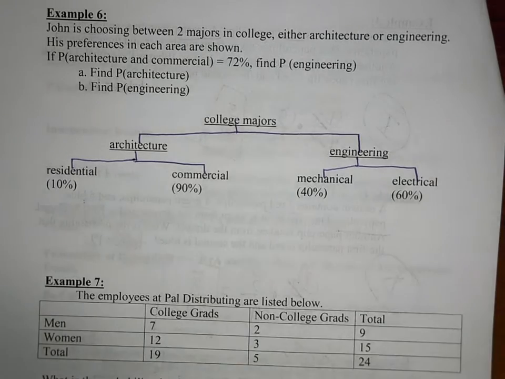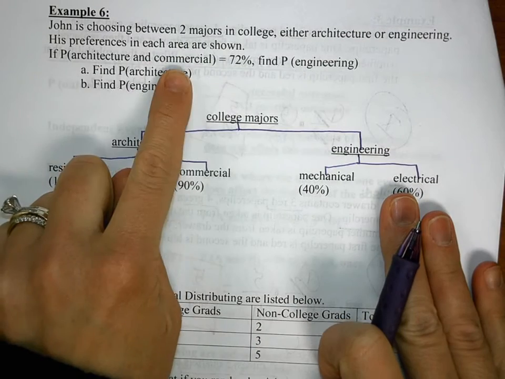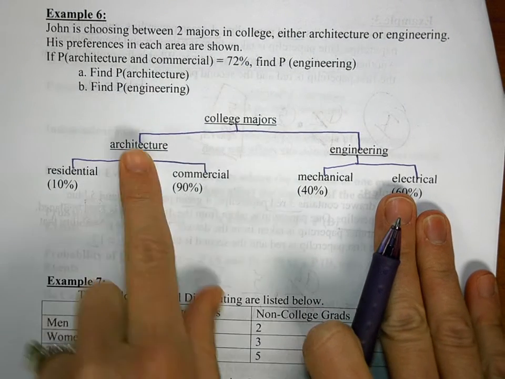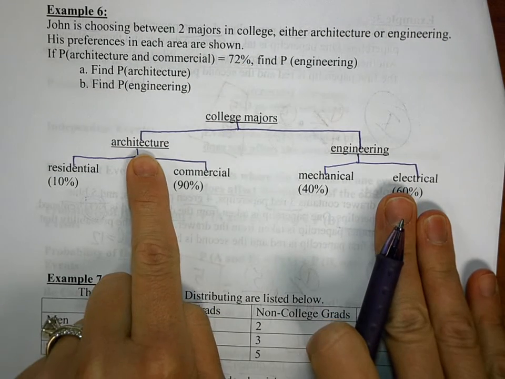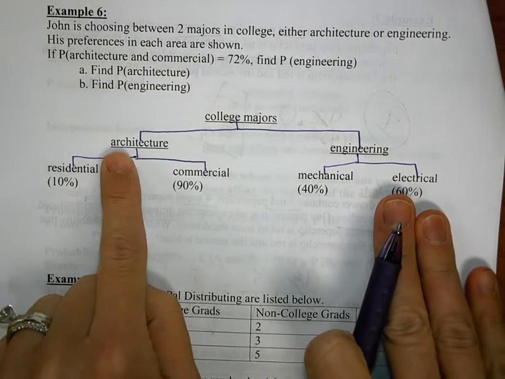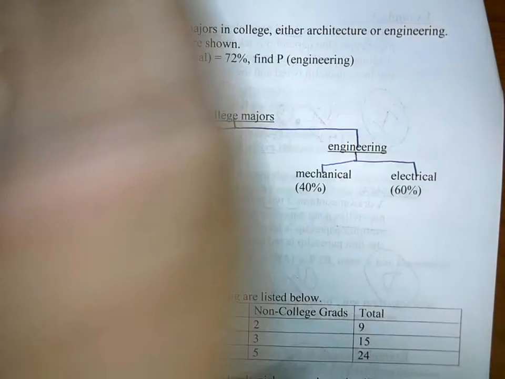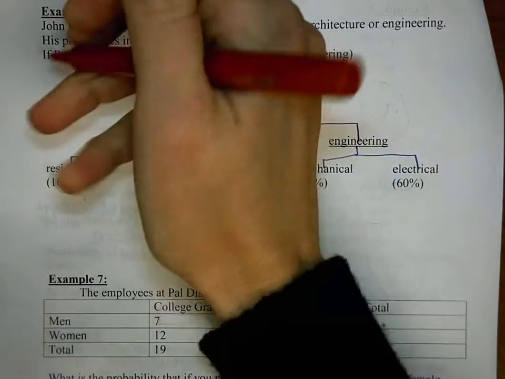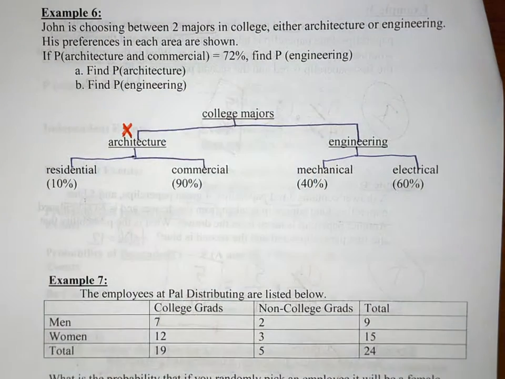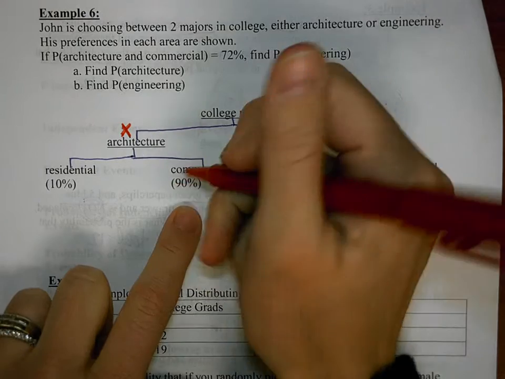So, what it is telling you, it says, if the probability of architecture and commercial equals 72%. So what that means is if you multiply architecture and commercial together, it equals 72. Does it say what the probability of architecture is? No. So right now I'm going to give architecture an X. And commercial we know is 90, right?